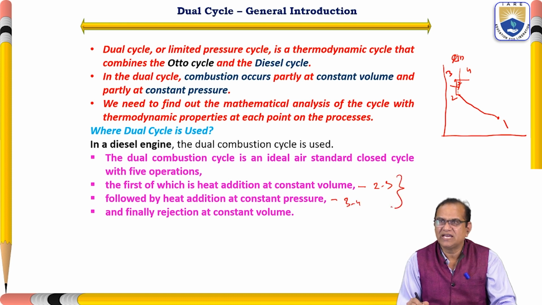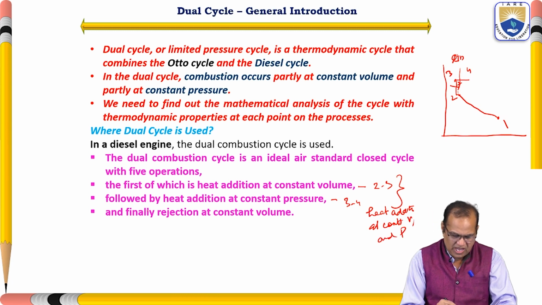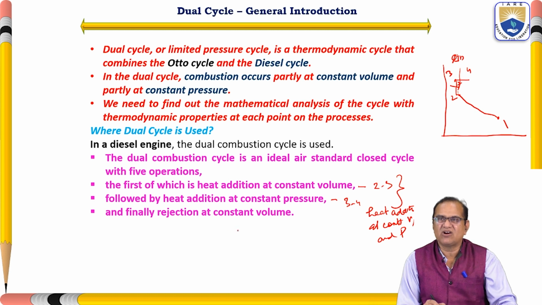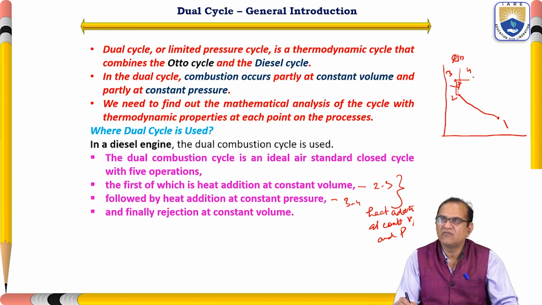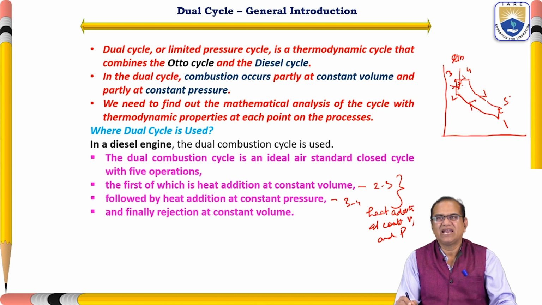These both are heat addition at constant V and P. And finally, rejection at a constant volume. So here if you see, from here this is the expansion, and here this is the 4 to 5 and 5 to 1. This is the rejection. So we can see that this is happening like this.